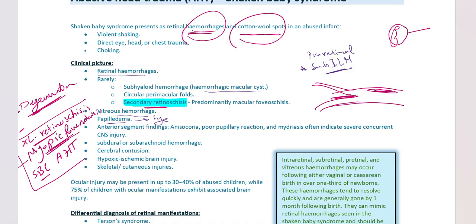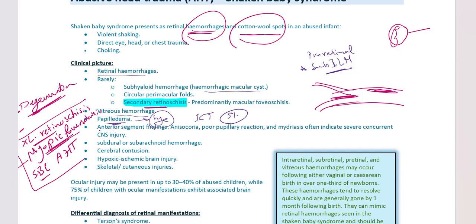Bear in mind that papilledema happens in 95% of cases with increased intracranial tension. So 5% of cases present without papilledema, but hemorrhage cannot happen without optic nerve head swelling.